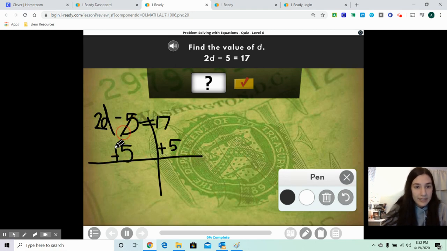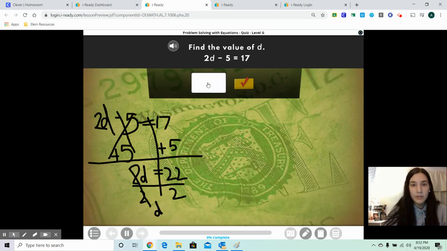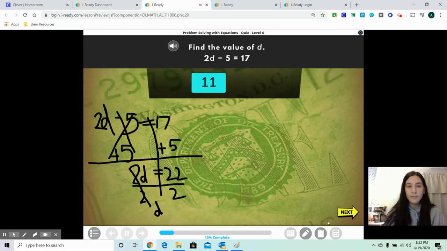So when we cancel out these 5s over here, we bring this down and we get 2d equals 22. And now we divide both sides by 2. This will reduce to 1 and we'll get d equals 11. Type in here 11. Yay.